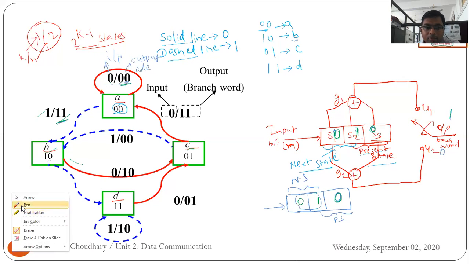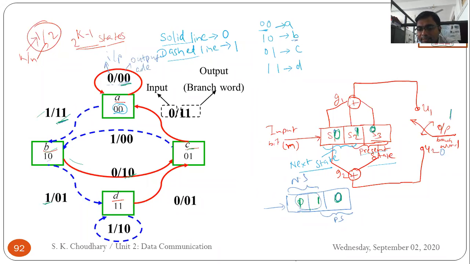So finally your output would be 1, 0. Now the second case, when you have received the input 1. Your next state would be 1, 1, meaning you would enter D. And what is the output here?